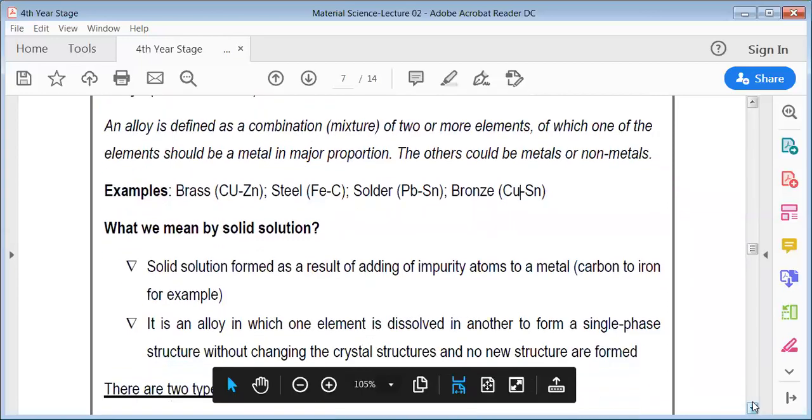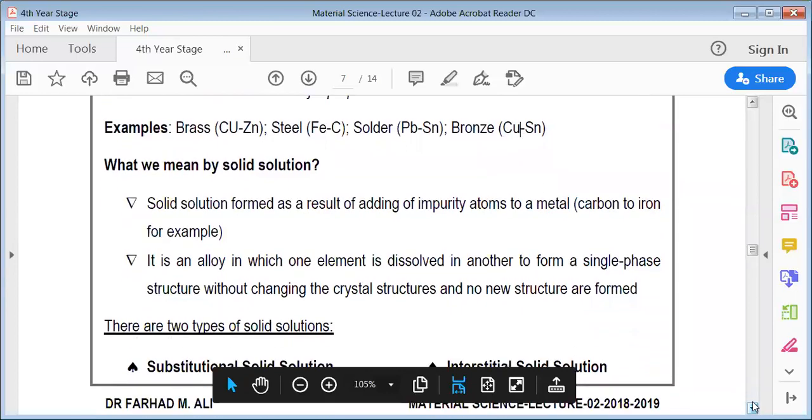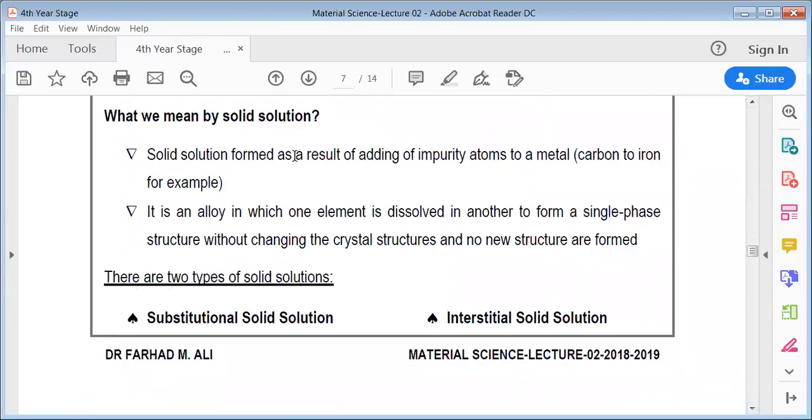So what do we mean by solid solution? A solid solution is formed as a result of adding impurity atoms to a metal. In this case, carbon, which is a non-metal, is added to iron, which is a metal, in a very low percentage.